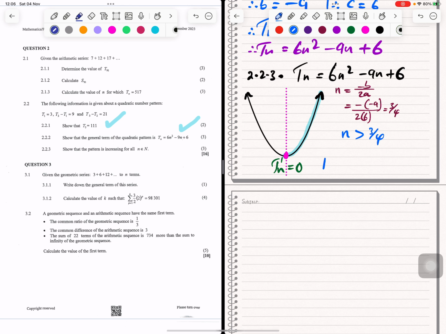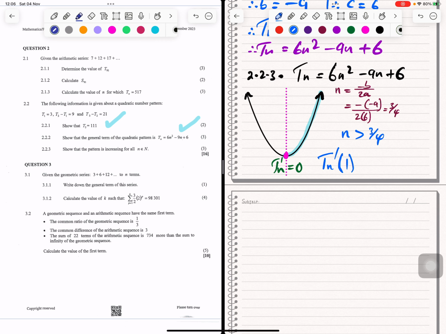I cannot use this value because at that point it is stationary, the turning point. The moment it leaves the stationary point, that's when it's increasing. So this is 0.75. You can take n of 1.